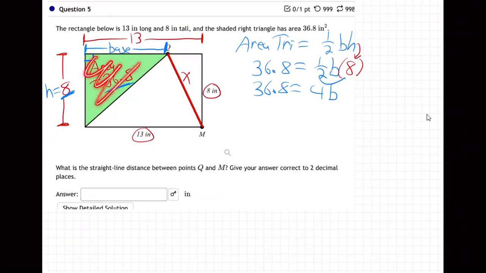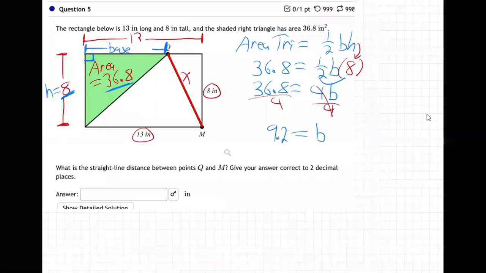So the area of this triangle is a half times base times height. I know the height is 8, I brought it from over here. I just don't know the base. But now I can solve for the base, can't I? Divided by 4. Boom. Base equals, use your calculator, 36.8 divided by 4, 9.2. So I've got the base, 9.2.